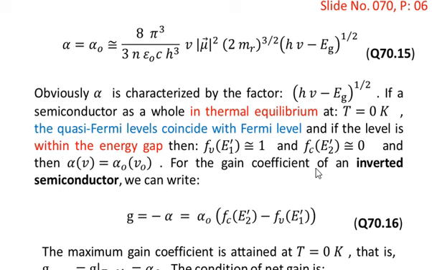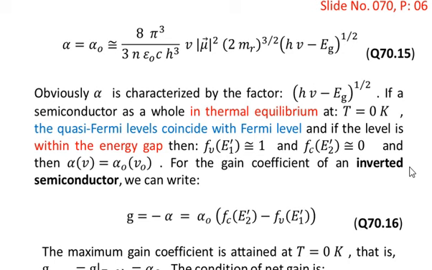Okay, for the gain coefficient of an inverted semiconductor, what is this inverted semiconductor? An inverted semiconductor refers to a semiconductor material where the type of majority carriers is inverted due to specific conditions.